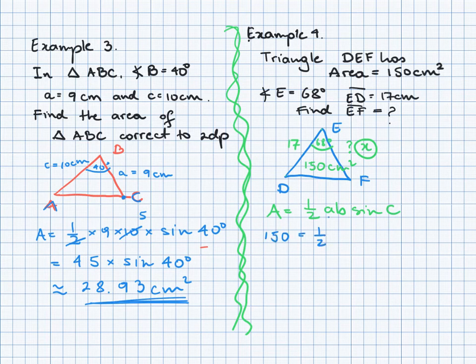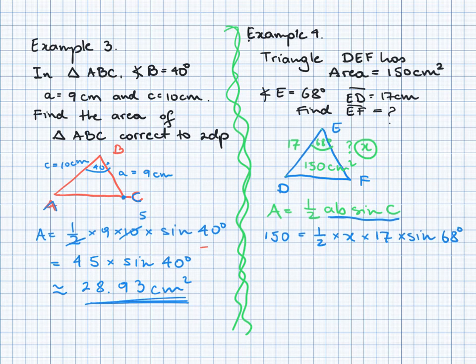So two sides and an included angle. We do have two sides: one side here, which we don't know, that's the side we need to find, and the other side. So it's times X times 17, and then times sin of the included angle, which is sin of 68.